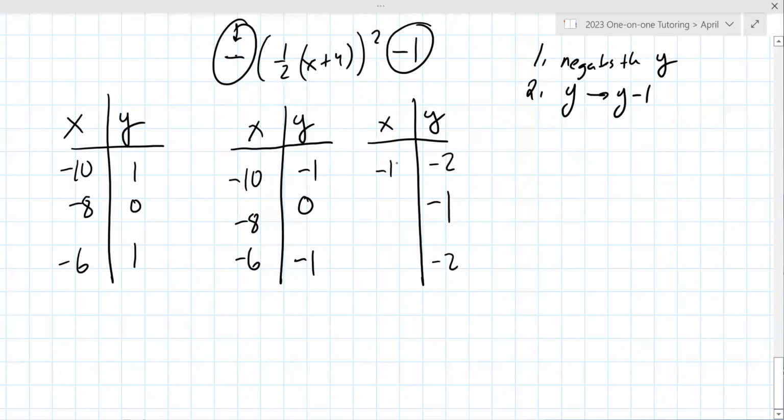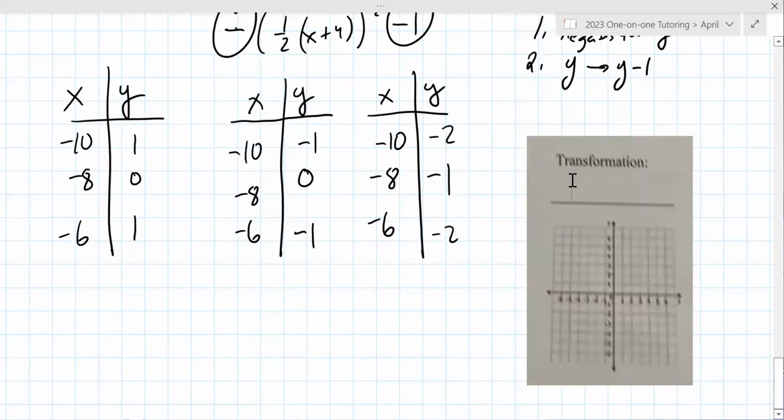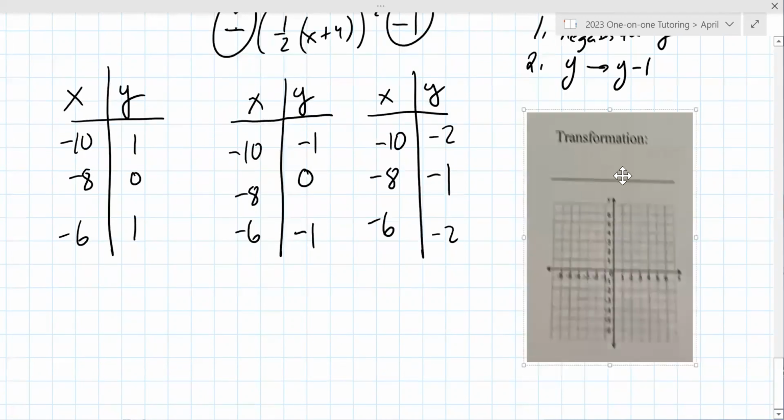Okay. All right, so now we're going to go back to our graph. This is the last one. Last transformation, we're going to plot these points. So we got -10, -2, -8, -1, -6, 2. So it's going to look something like this.